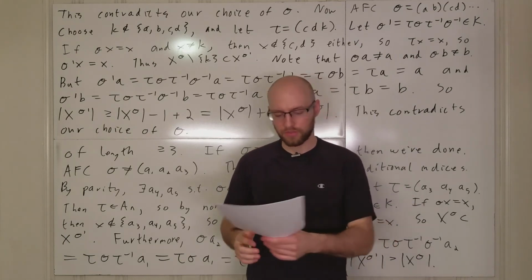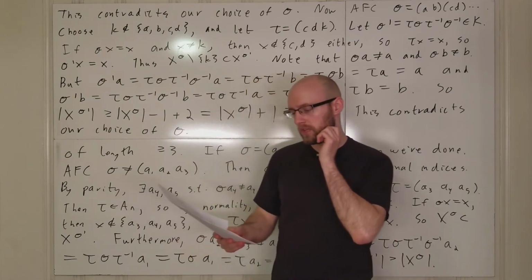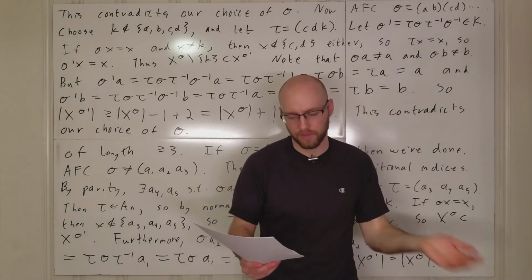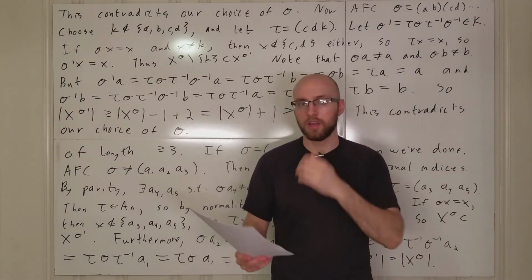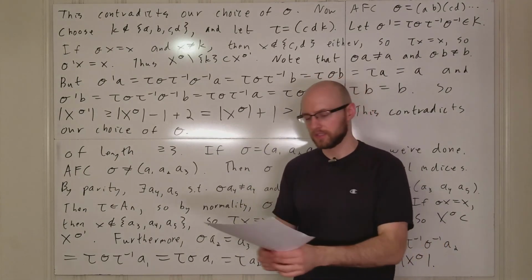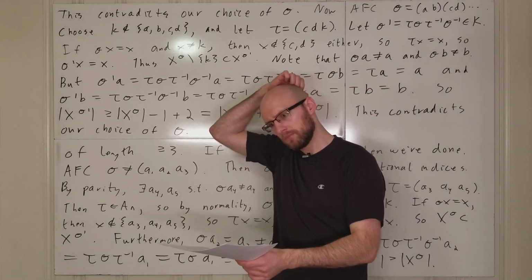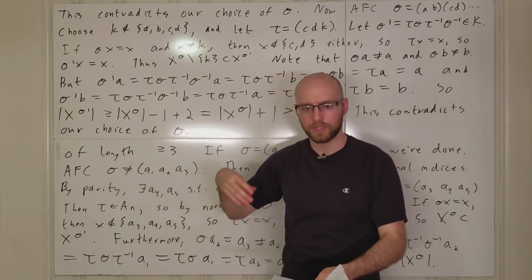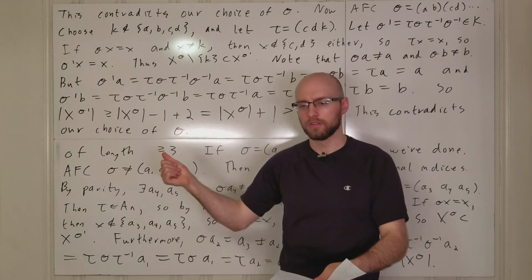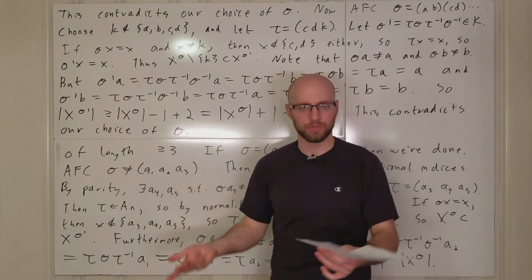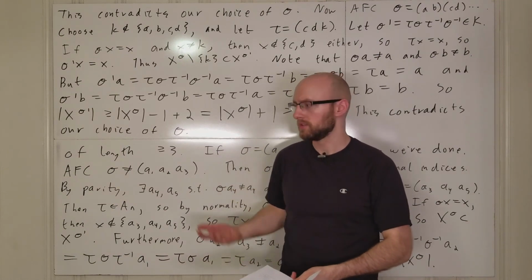Suppose you let your group be A_5 and d is 30. The size of A_5 is 60, and 30 divides 60. But if you have a subgroup of size 30, then the index is 2, and so it's normal, and it's a non-trivial normal subgroup. It contradicts simplicity. And so there you go.